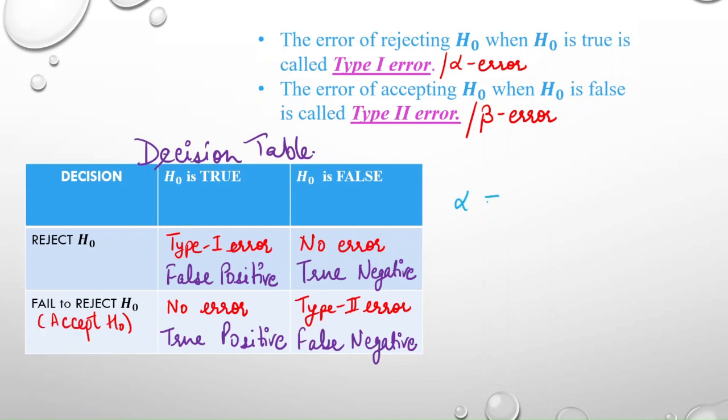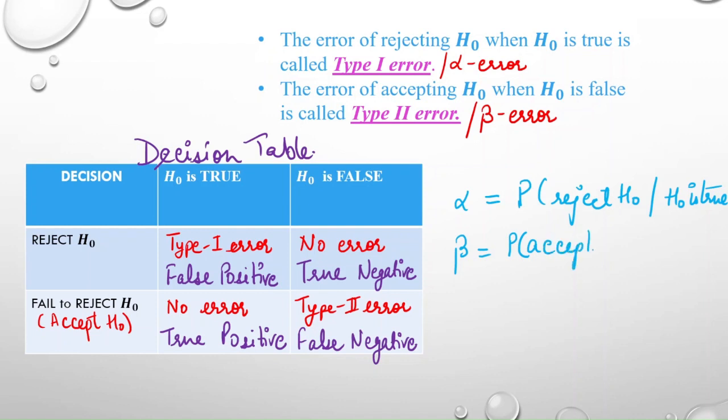The alpha error would be the probability that we reject H0 when H0 is true, and beta error would be the probability that you accept H0 when it is false. So this is how we can define alpha error and beta error.